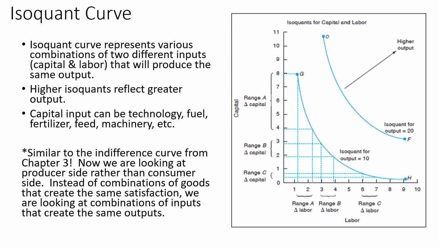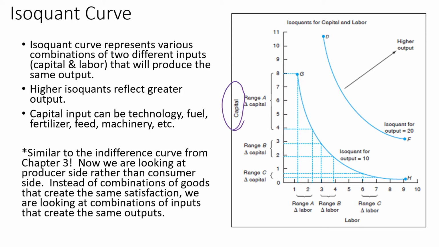So at this point, we are now going to look at two different inputs and thinking about the producer utilizing two different inputs to create their output or their product that they're going to sell. So the isoquant curve represents various quantities of two different inputs that will produce the same level of output.